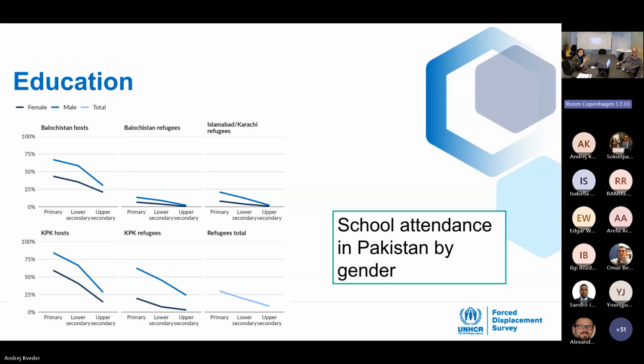This is also useful information, knowing that it is actually not so different among the host community. As Arifu was mentioning, sometimes we assume there's a difference between refugees and host communities, but sometimes there is not, because it's technically the same region, and people tend to come from closer regions. So this was very useful for Pakistan operations to advocate on girls' education.